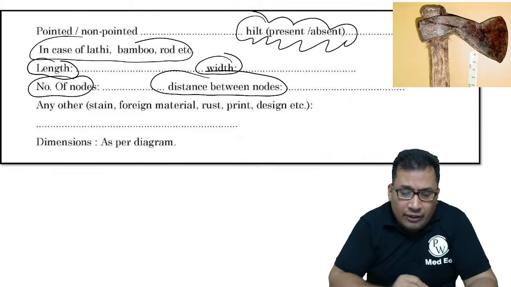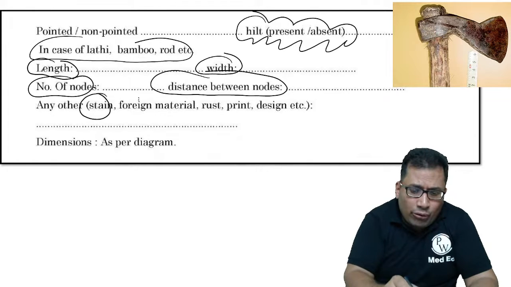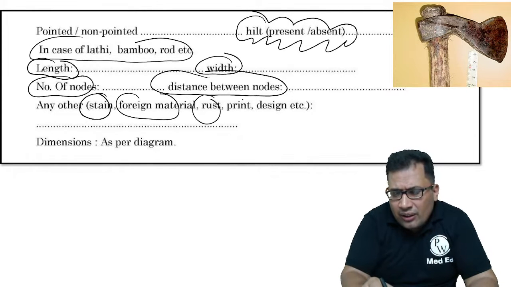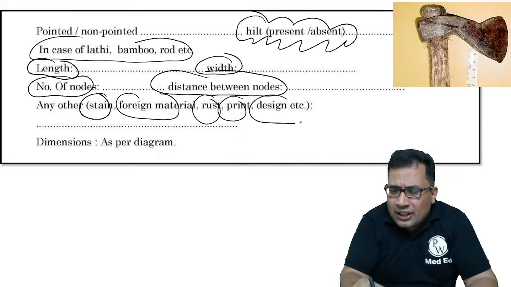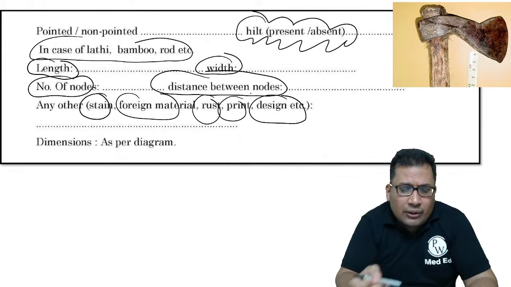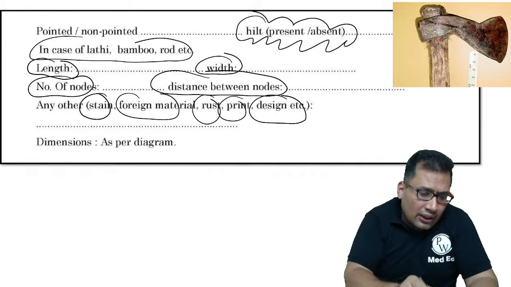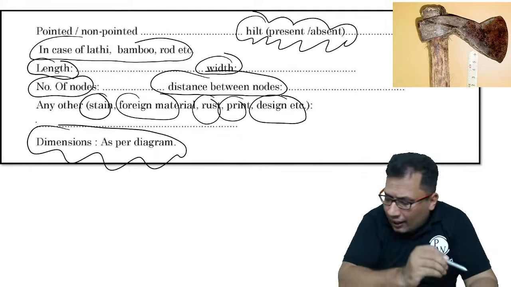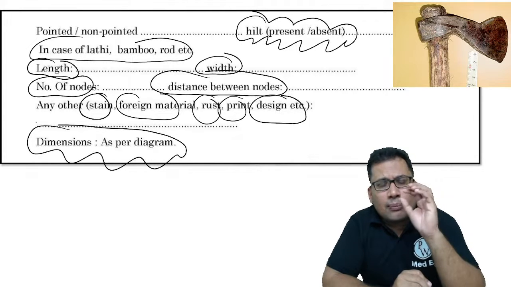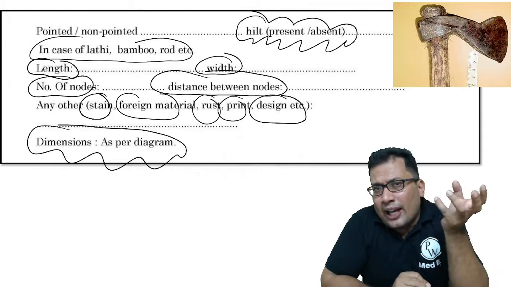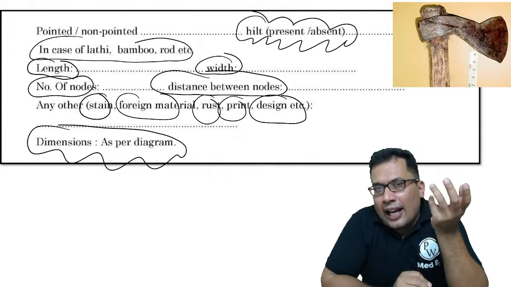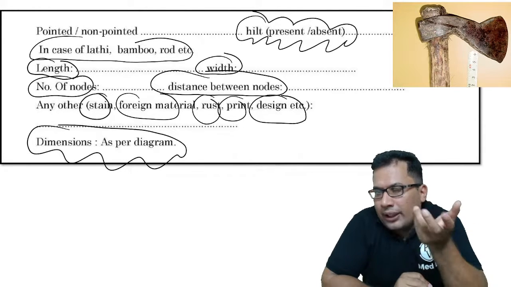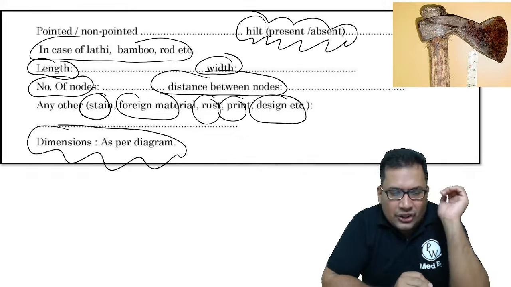Or if there is any finding like any stain, foreign material, rust, any print design present on the axe or the weapon, you need to write that. And also you should draw the diagram, some related diagram of the weapon, be it hammer, axe, chopper, a blade, anything. Write the dimensions.